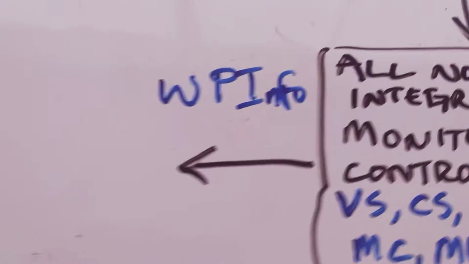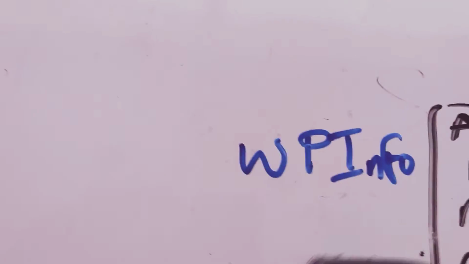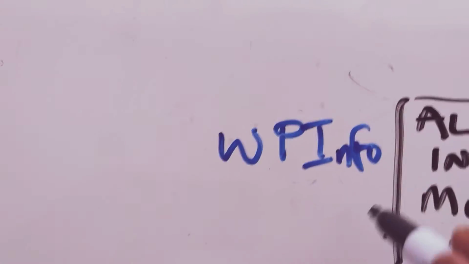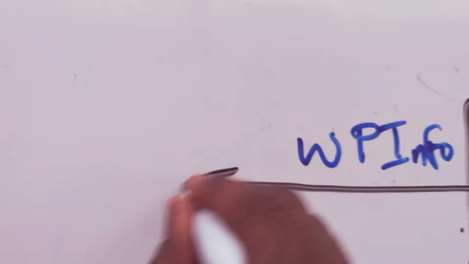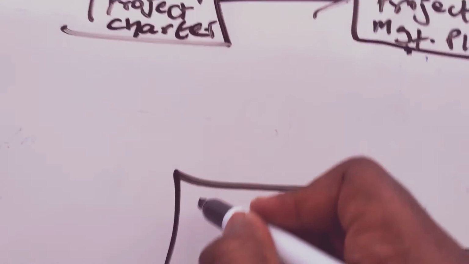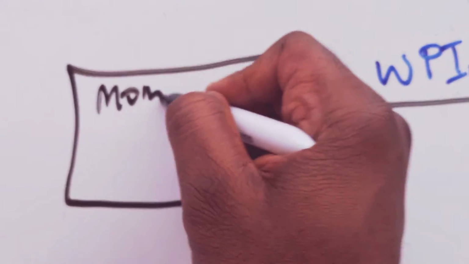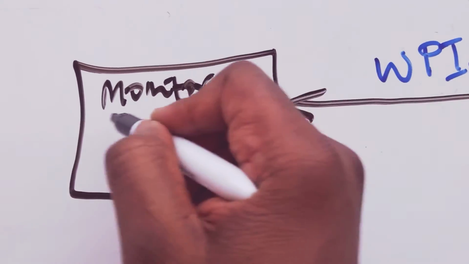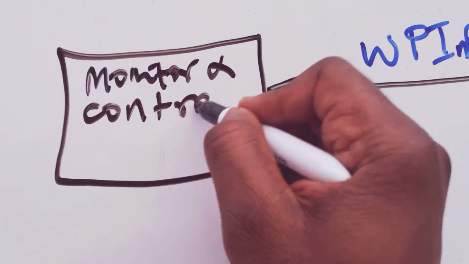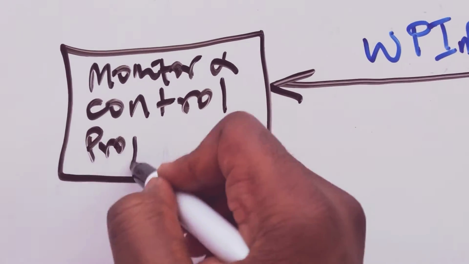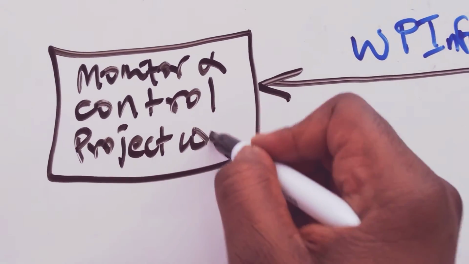Work performance information is then going to make a trip to the process known as monitor and control project work.